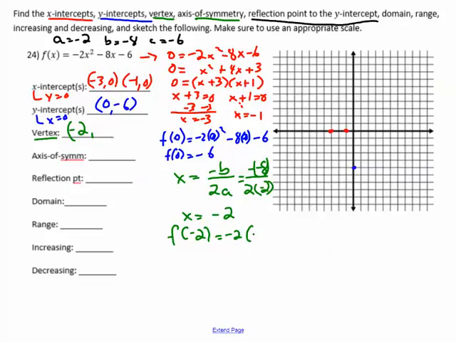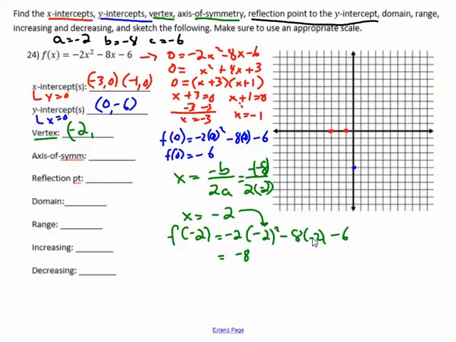Negative 2 times negative 2 squared, because we're evaluating at x equals negative 2, minus 8 times negative 2, minus 6 equals negative 2 squared is 4 times negative 2, negative 8.